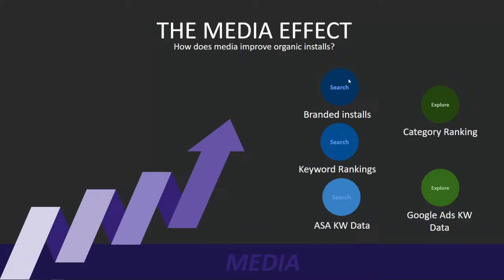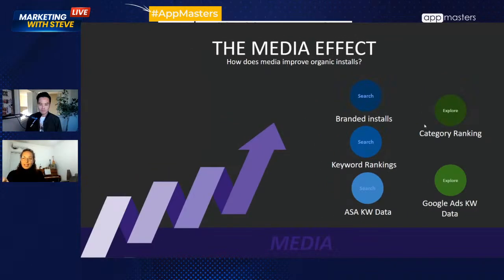Okay, so that's one. The second thing is, one of the factors which affect rankings is the total number of installs. So the more ads we run, the more installs we would get to our app, the better our rankings would be. We'll talk about this in a second. Category rankings are affected solely by the amount of installs that the app gets.